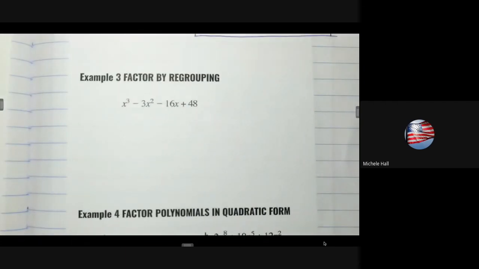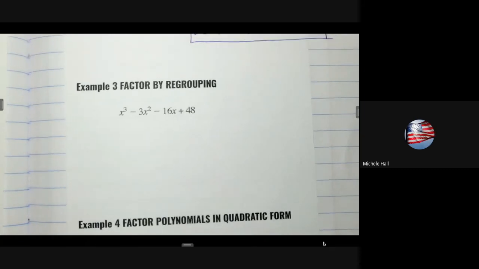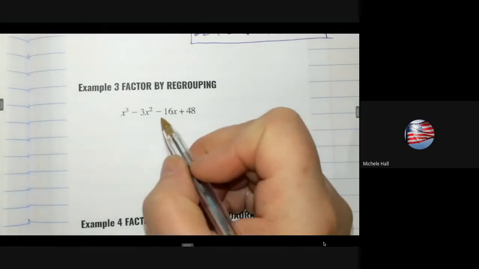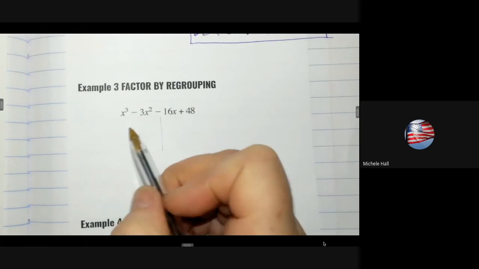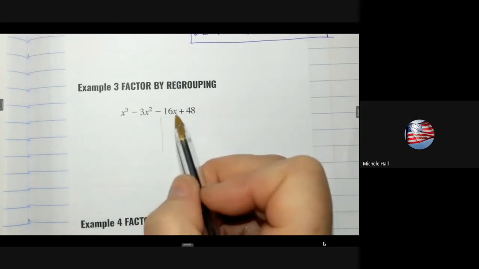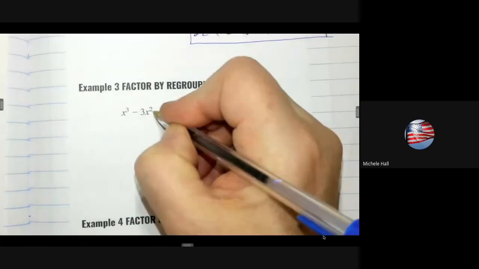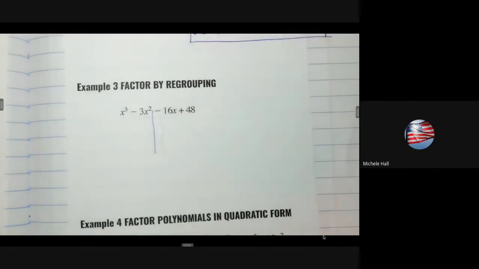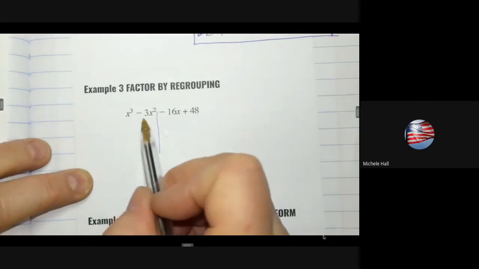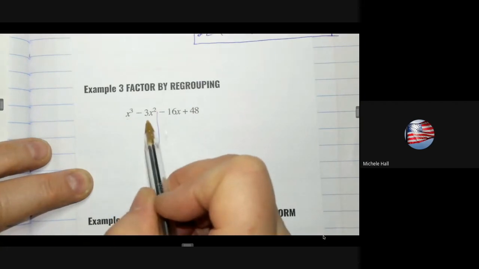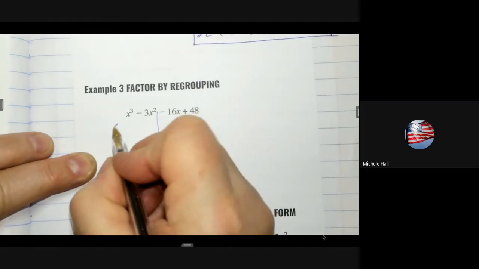Factor by regrouping. Okay. Regrouping means that I'm going to take these 2 terms and these 2 terms, and that's how I'm going to think about them. Factor by regrouping, I am going to think about these terms together and then the second 2 terms together. What can I factor out of x cubed minus 3x squared? They have x squared in common.